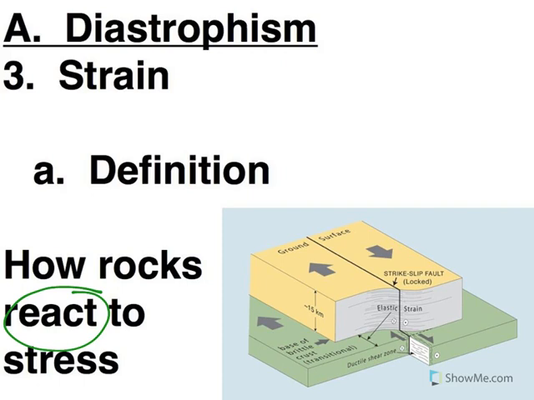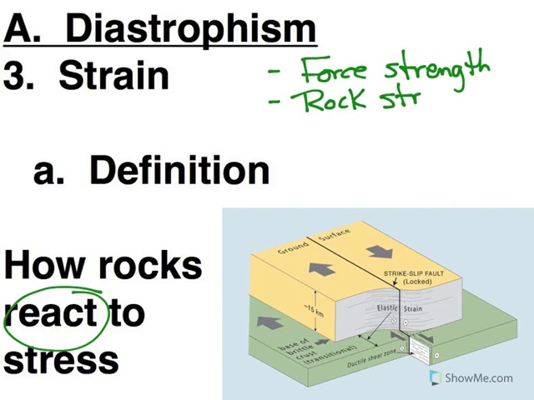Well, that's going to depend upon not only how strong the forces are, but also the rock strength. And that's also going to be related to the temperature of the rock. So let's look at the types of strain.